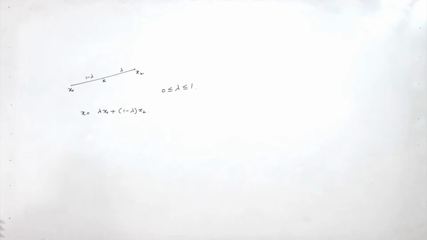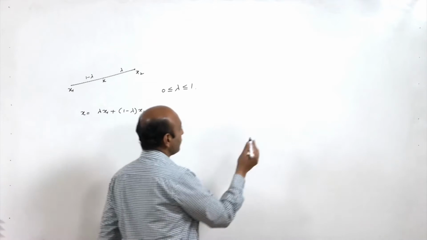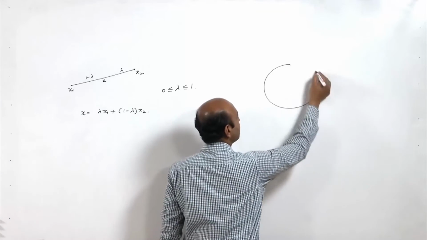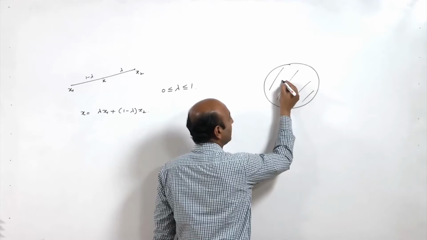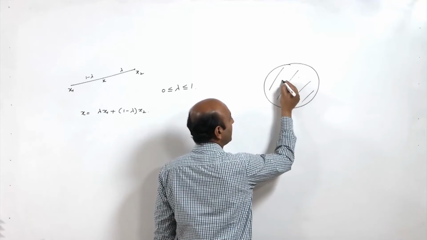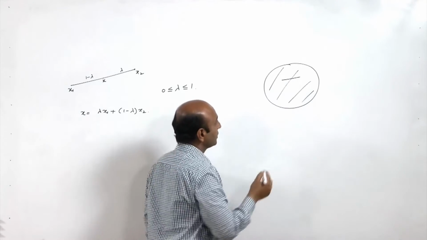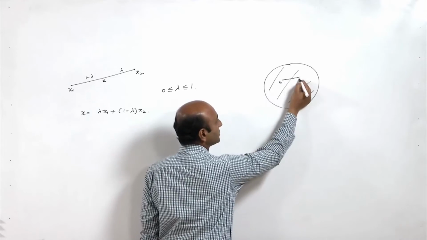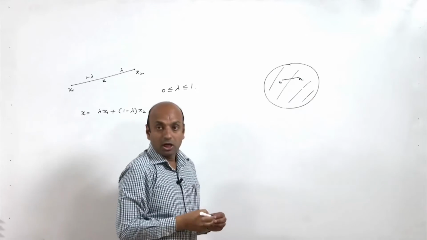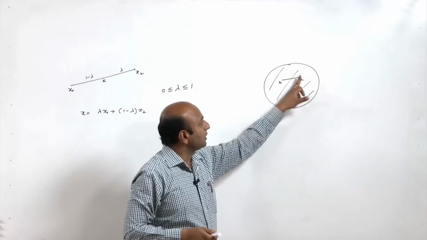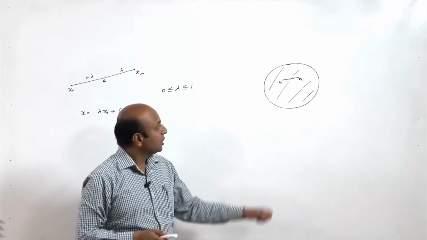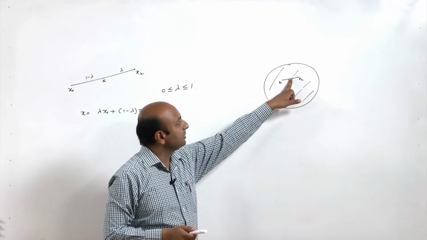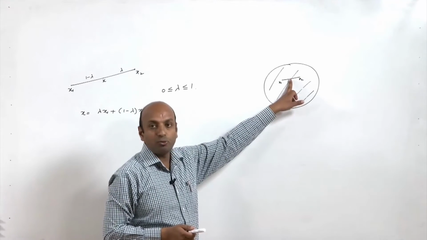Now, for the convex set, suppose we have a region inside the circle. We take any 2 arbitrary points in this set. Suppose these are the 2 arbitrary points. The line segment joining these 2 points must be inside the set. That means, you take any arbitrary point on the line segment joining these 2 points.